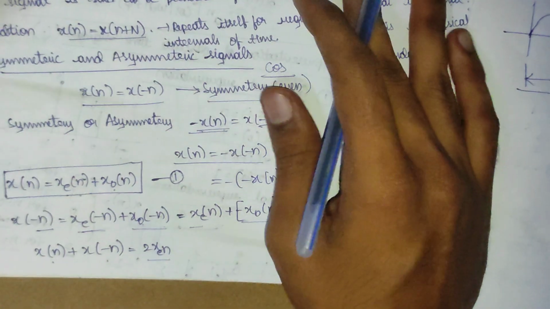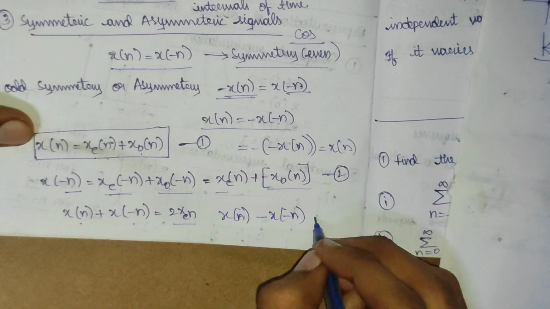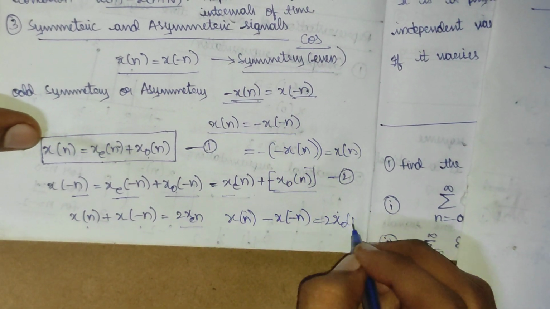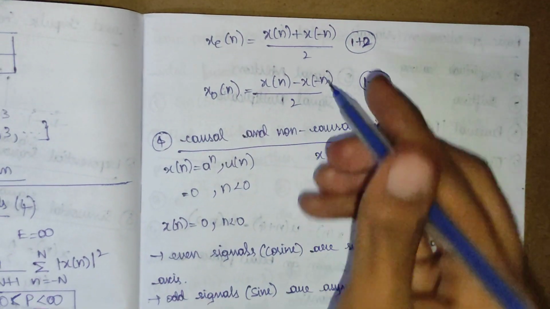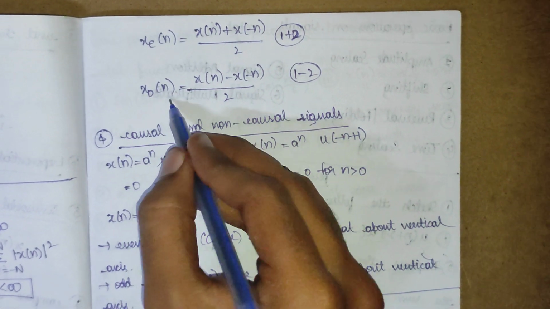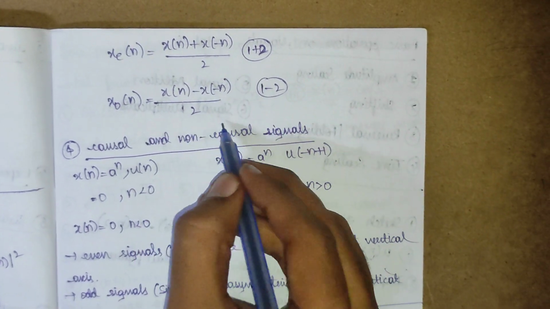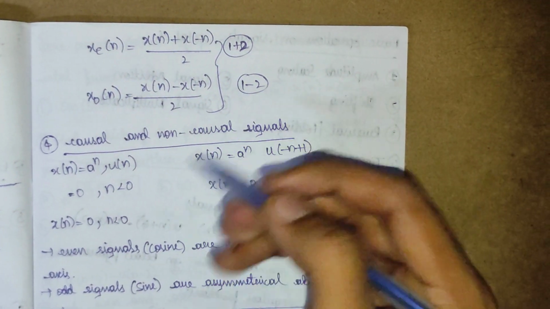Similarly, x of n minus x of minus n gives 2 xo of n. So we have to remember these formulas: xe of n equals x of n plus x of minus n by 2, and xo of n equals x of n minus x of minus n by 2. Both are very important formulas which will be used in further calculations.